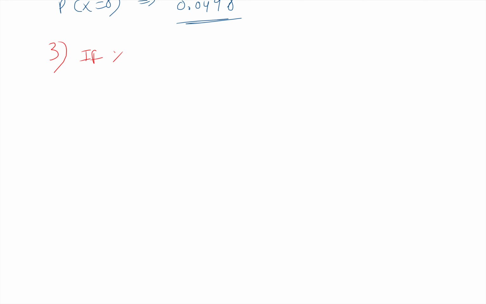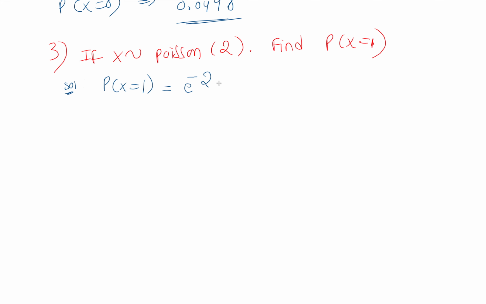And if X follows Poisson 2, find probability of X equal to 1. We get e to the power of minus 2, because lambda is equal to 2, x is equal to 1, and lambda power 1 by 1 factorial.